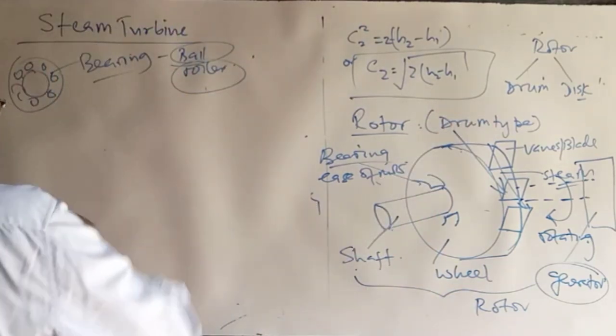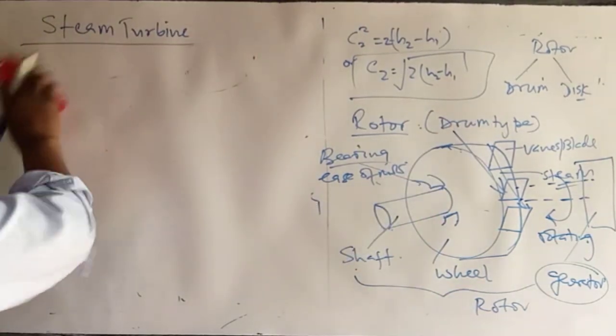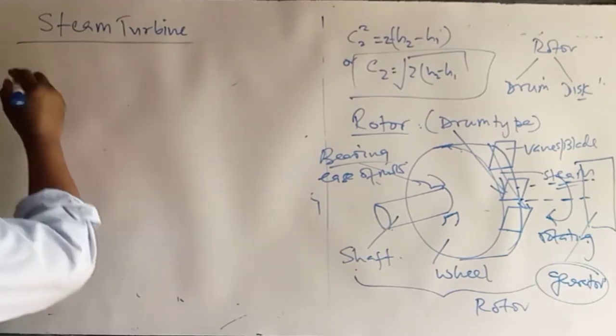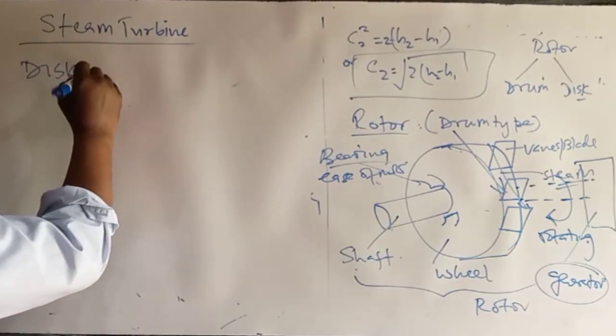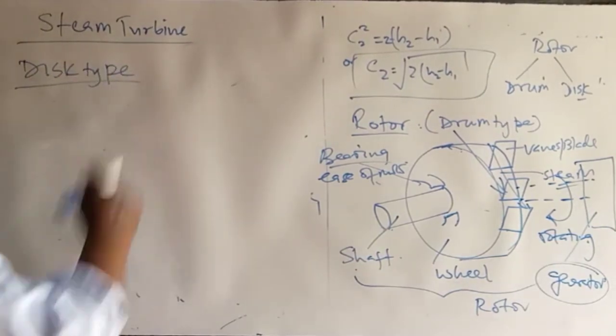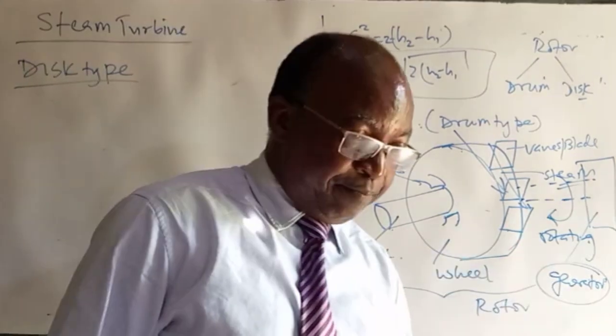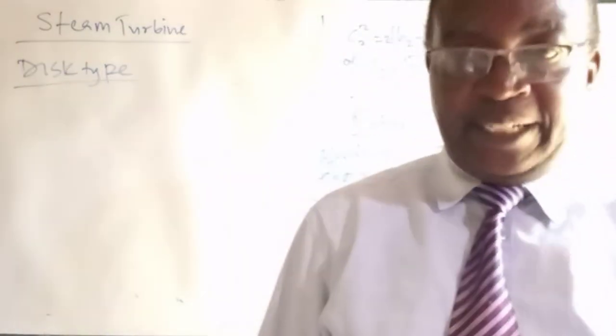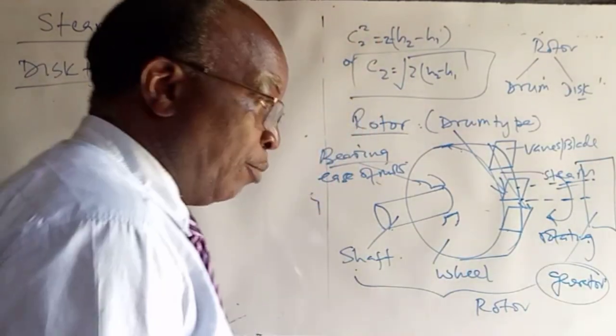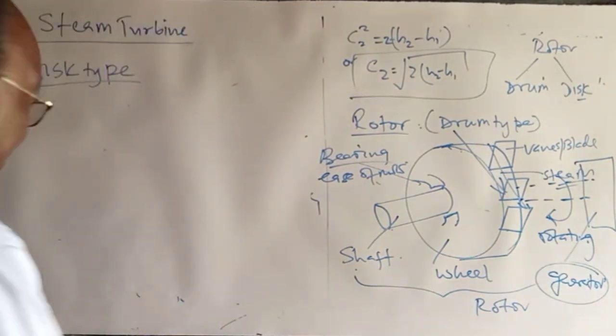There is the disc type, which we don't want to spend our time on. We have the disc type. Like I told you, we have drum type for brakes and we have disc type for brakes in motor vehicles. And the principles are basically the same.